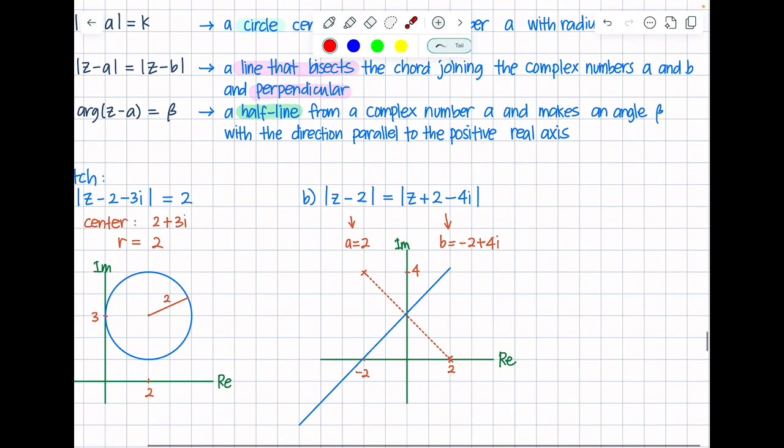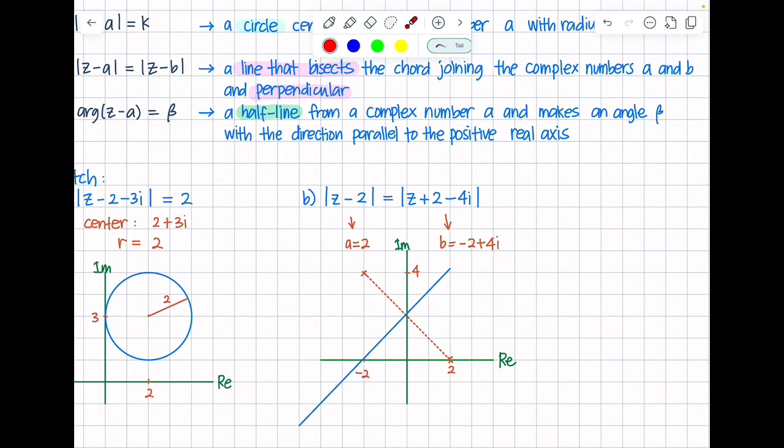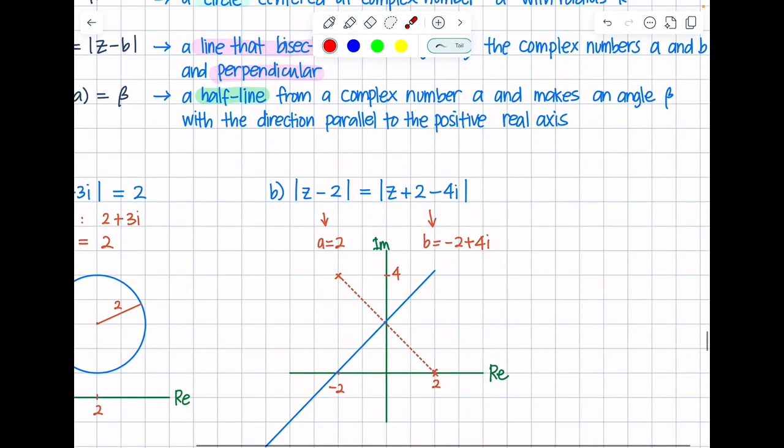For b, modulus z minus 2 equals modulus z plus 2 minus 4i. So this is the perpendicular bisector from a equals 2 and b equals negative 2 plus 4i. The default is z minus a.